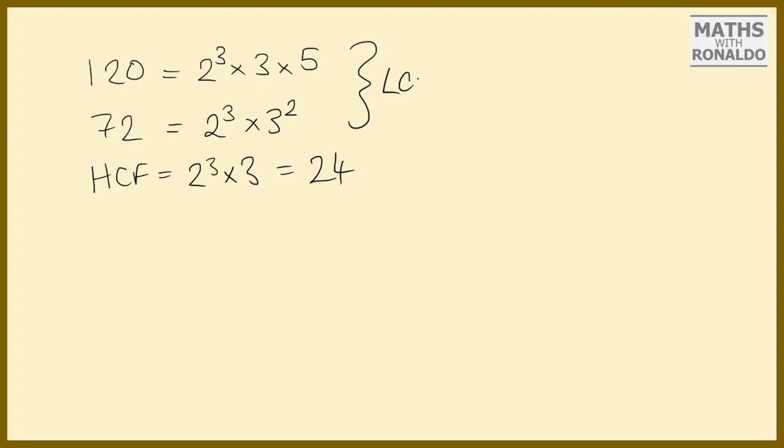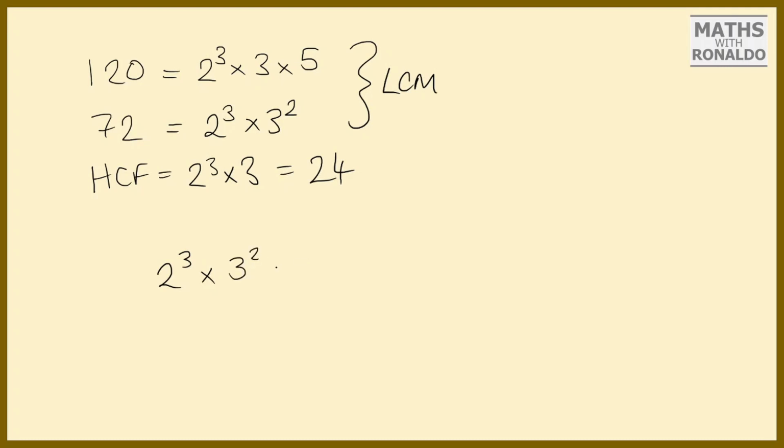If we were to find the lowest common multiple, we can do this by looking at these numbers. The lowest common multiple is given by multiplying the highest power of each prime factor across both numbers. The highest power across them for 2 is just a 3, because that is the highest power we have of 2 in both 120 and 72. Then when we come to the 3, the highest power we have is 3 squared.